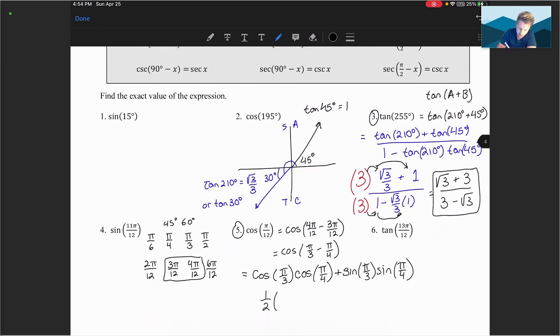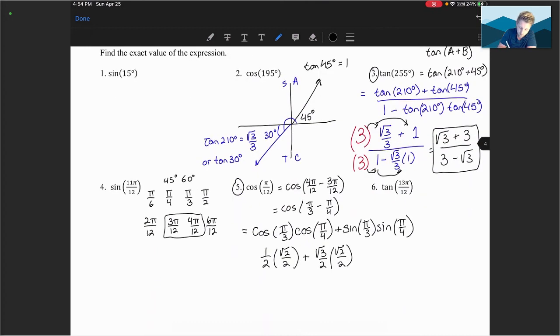We know that to be just the square root of 2 over 2 plus the sine of pi over 3, or sine of 60 degrees, is the square root of 3 over 2. And then sine of pi over 4 is again going to be root 2 over 2.